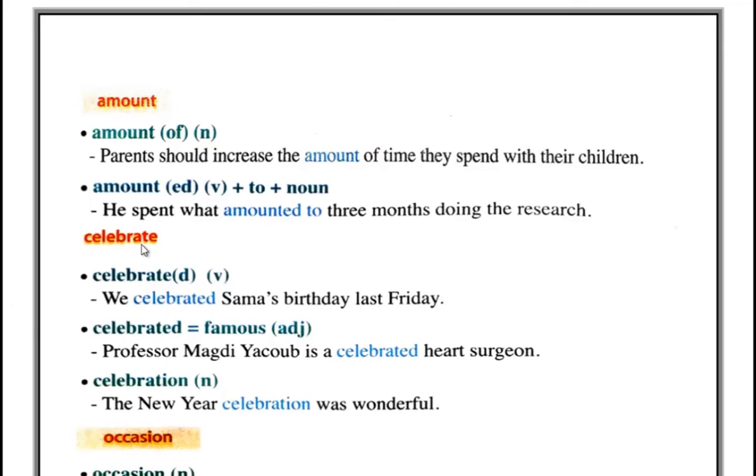As for the word celebrate here, to enjoy, to have a nice time for a certain occasion. We celebrated Sam's birthday last Friday.